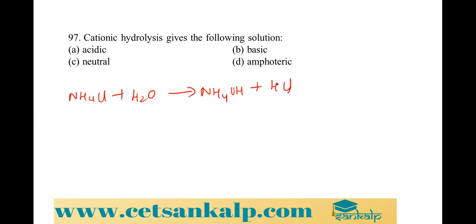We can also write it as an ionic equation. So HCl is formed, and the HCl formed converts into what? H plus and Cl minus. So it should be what? Acidic. Okay, right.